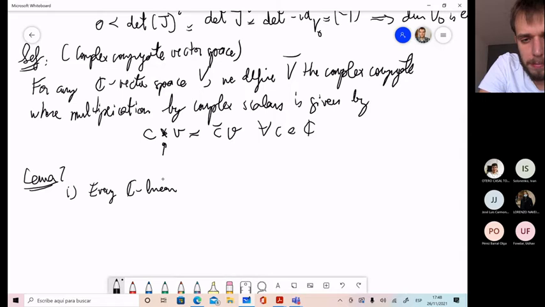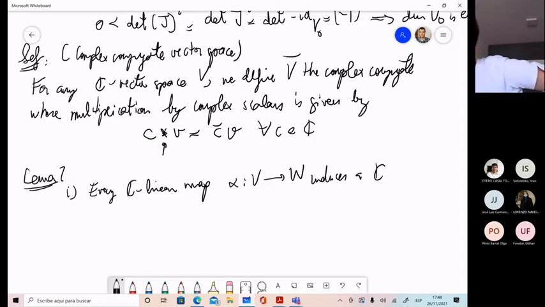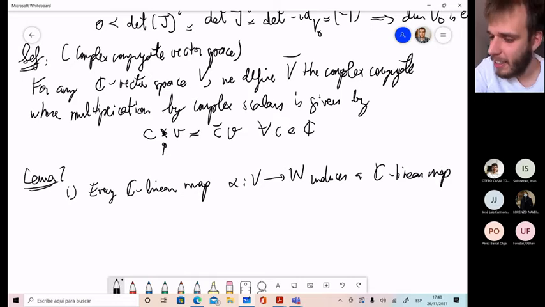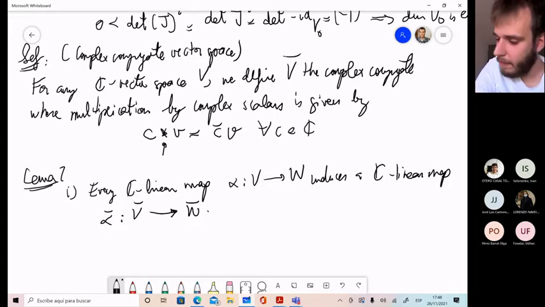Every C-linear map... This is a C-linear map, alpha bar, from V bar to W bar, okay?